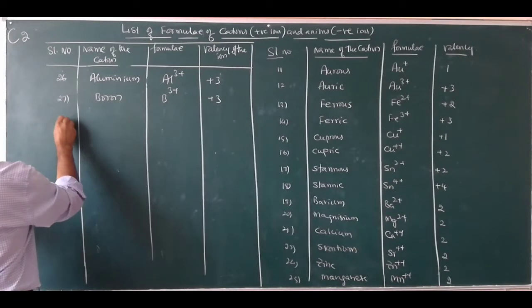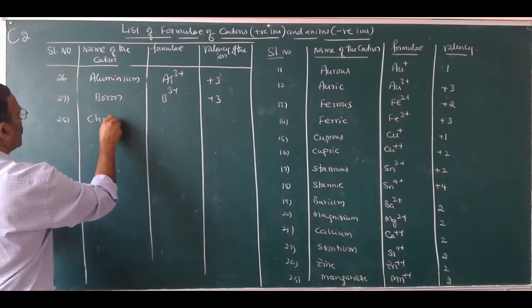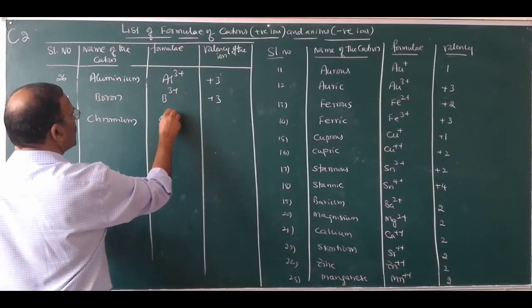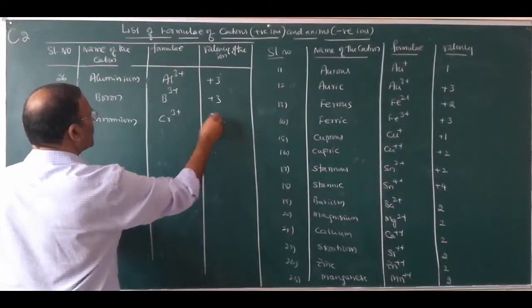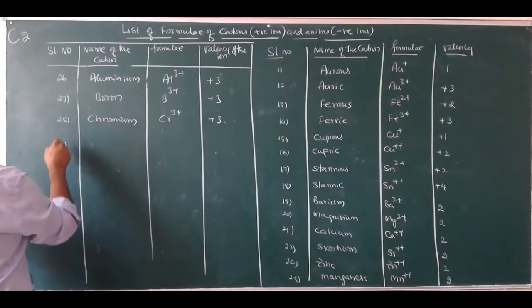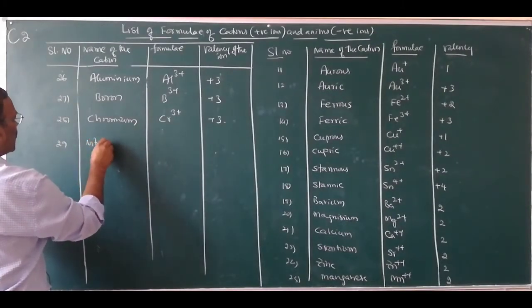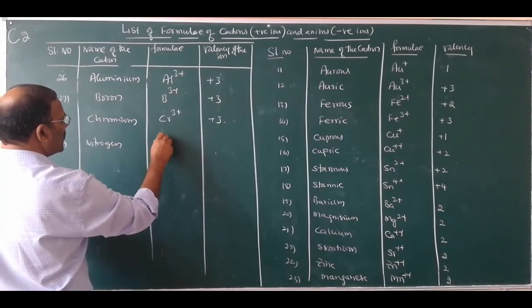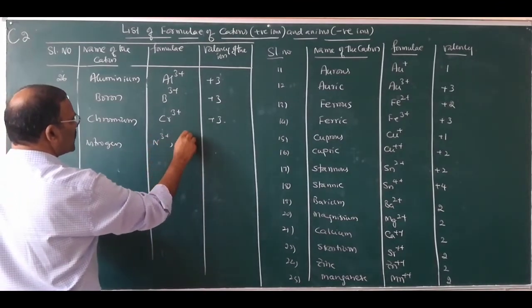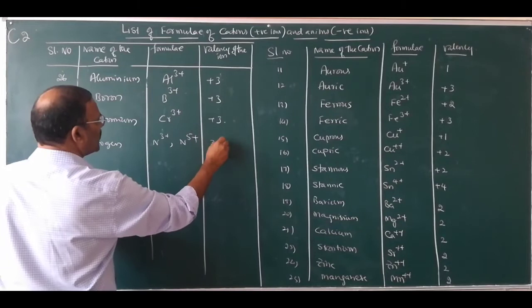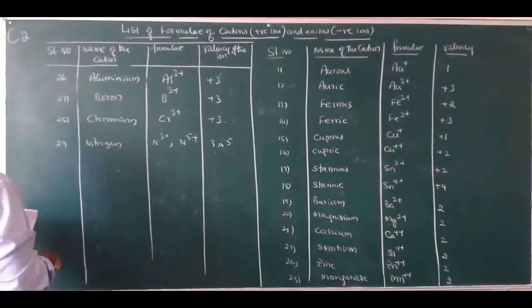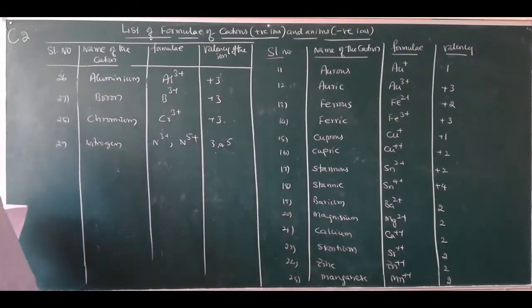Boron. 28, chromium, Cr3+, plus 3. 29, nitrogen, it can exist as nitrogen 3+ and also nitrogen 5+. 3 and 5 valency, it can exist in both.